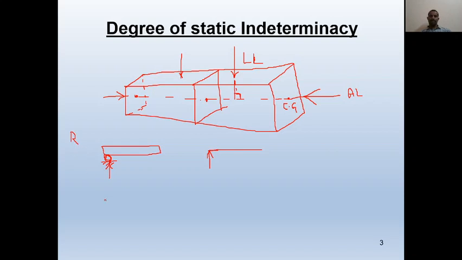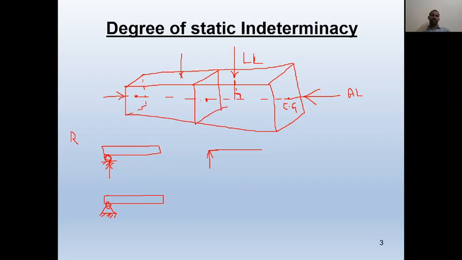And similarly we have a hinged support. If you take this as a beam, then the hinge will be something like this. Here it is pinned at this particular point.